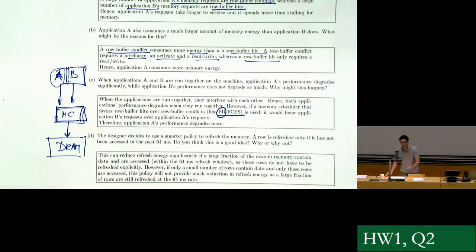Is it clear? Yep. Could it be possible that the energy consumption of accessing the memory is different if you access different locations in the memory, or would it be safe? The energy consumption will be different depending on whether the row is open or the row is closed. There shouldn't be any significant difference depending on the position of the row.